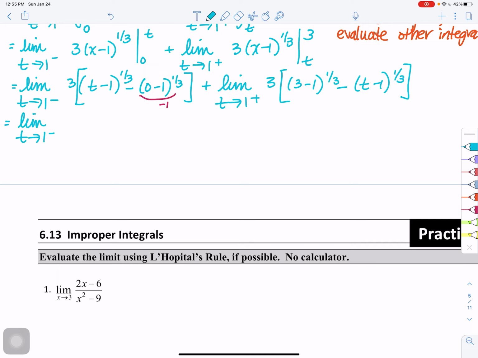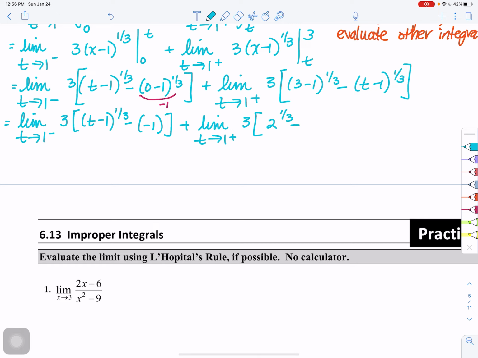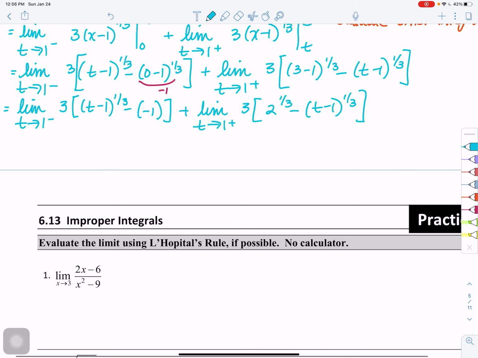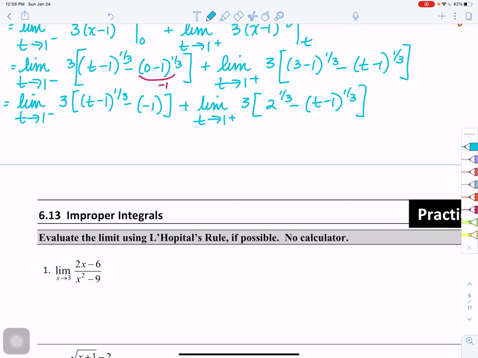Okay, so we're going to have 3 times t minus 1 to the 1/3 power, and this is a minus a negative 1 plus, I probably could have skipped this line and just gone to the next, but I think it's nice to have this, 2 to the 1/3 power minus t minus 1 to the 1/3, okay? So this would have been a plus 1 there, okay?